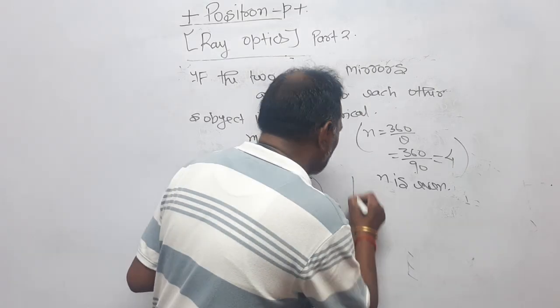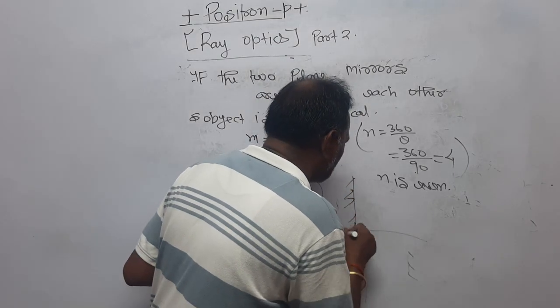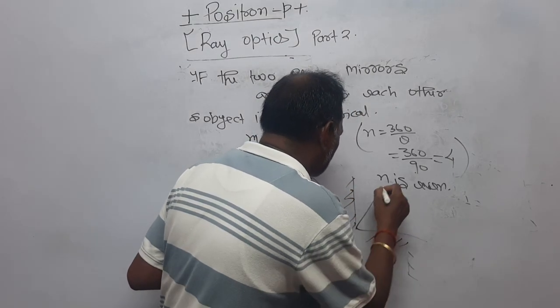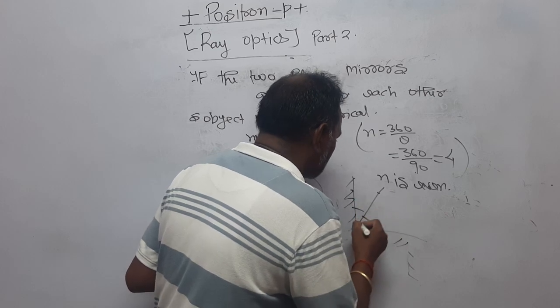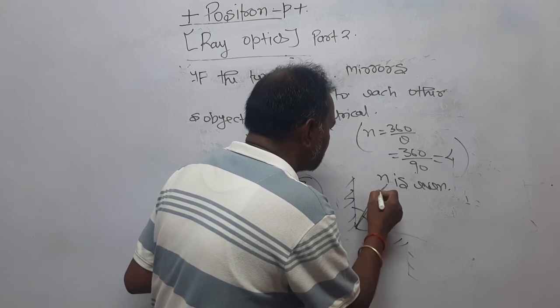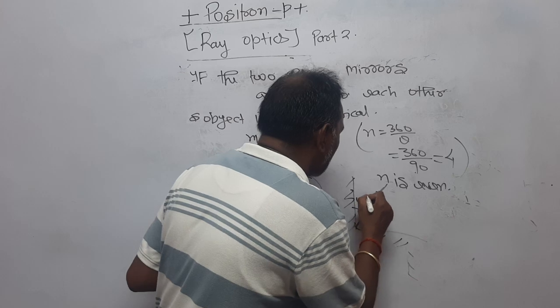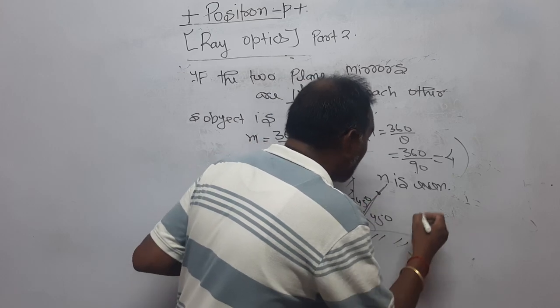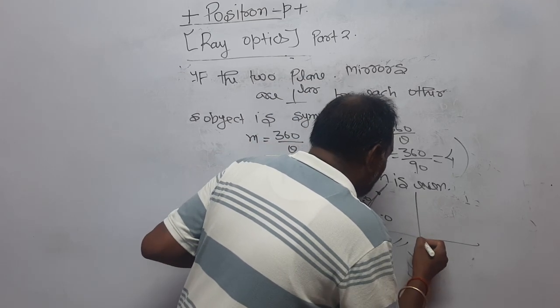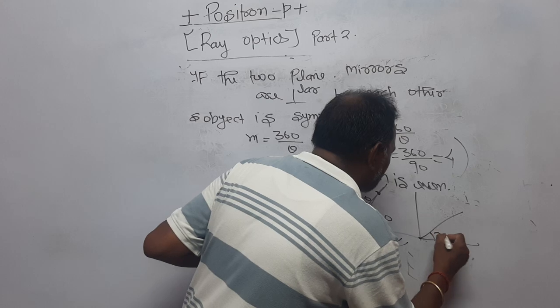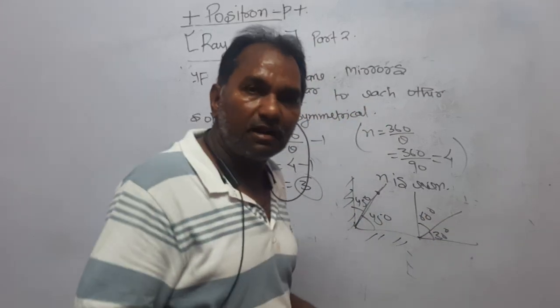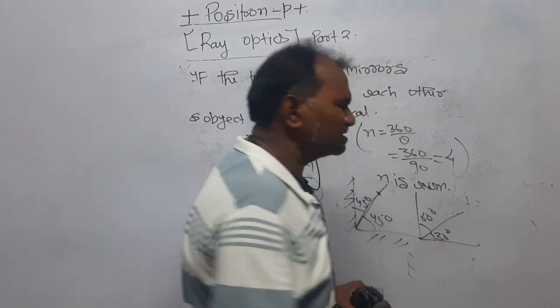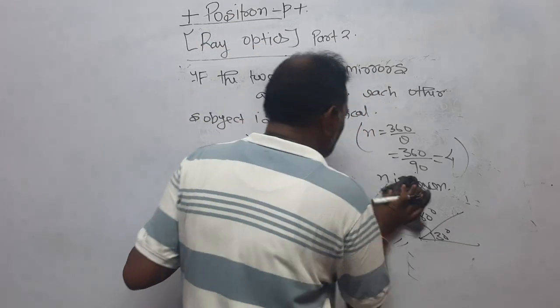If the two plane mirrors are like this, whether you keep the object symmetrical, which means at 45 degrees, where the line on which the object exists makes 45 degrees with both mirrors, or the line makes just 30 degrees from one mirror and 60 degrees from the other mirror, right?